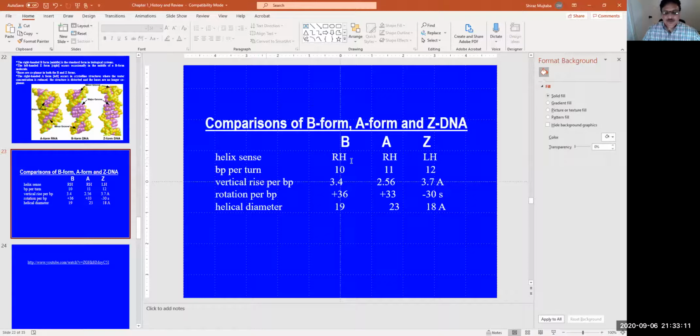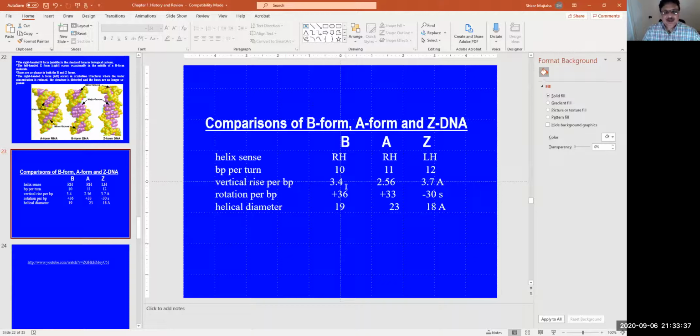First, helix sense. B DNA and A DNA are right-handed helices, whereas Z DNA is a left-handed helix. As I mentioned to you, the native DNA is the B DNA. There are 10 bases per turn in B DNA, whereas A DNA and Z DNA have 11 and 12 bases per turn.